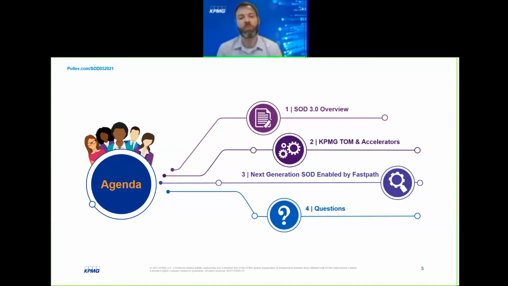Then we're going to jump into what we've developed as a target operating model around SOD to help with this. And then we're going to show a quick case study on how this can be enabled through a tool called FastPath, which is an alliance partner of ours that we work with. And then if there is time at the end, we will try to get to all of your questions.